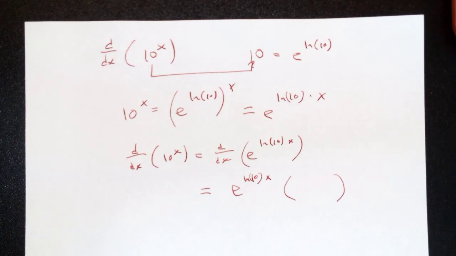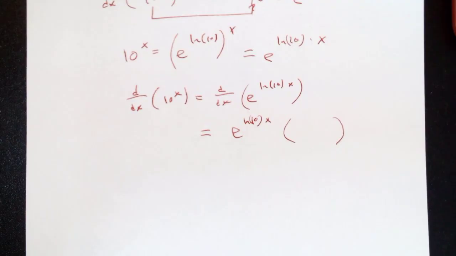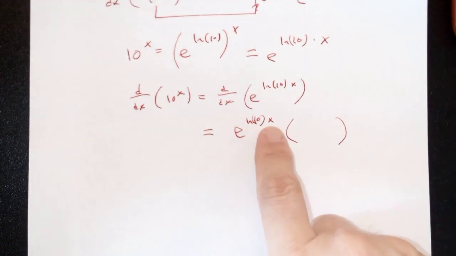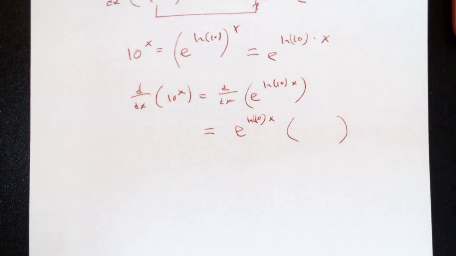In the previous example that is just scrolled off the top of my paper, what went inside the parentheses when I did e to the 2x? What was that, Jordan? Just the 2. So in this case, the derivative of number x is number. The derivative of 2x is 2. The derivative of 3x is 3. The derivative of 73x is 73.